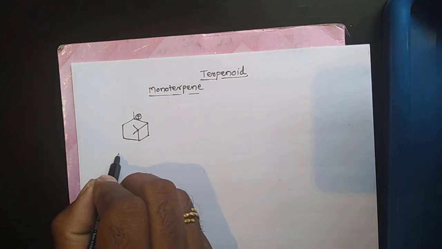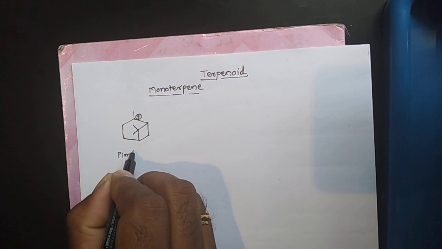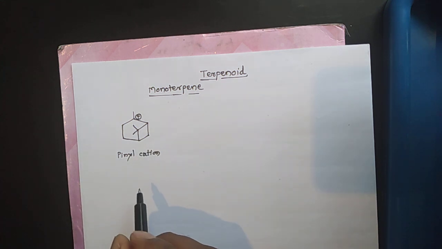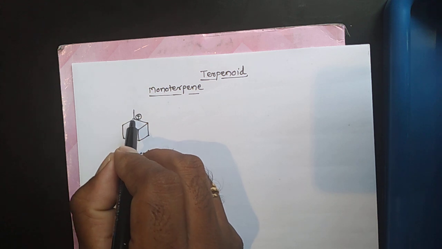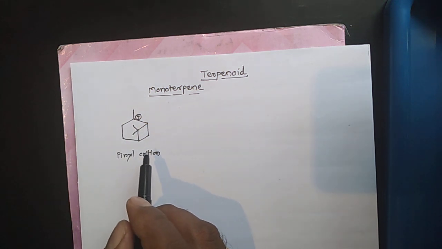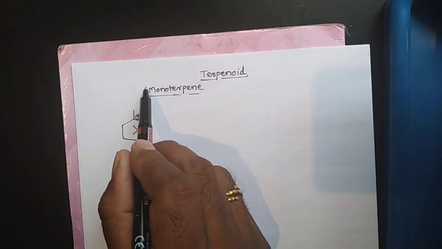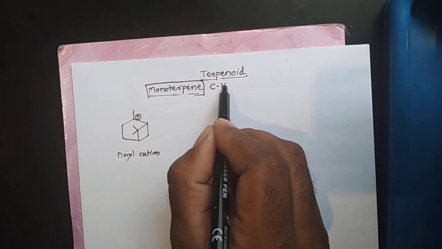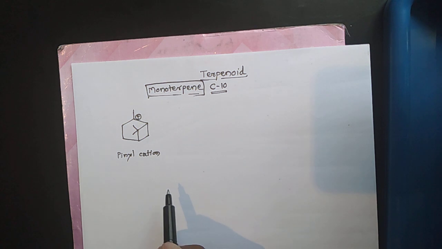So this is all about the pinyl cation. In this pinyl cation, how many carbon atoms are there? We are learning monoterpene, so only 10 carbon atoms are there.